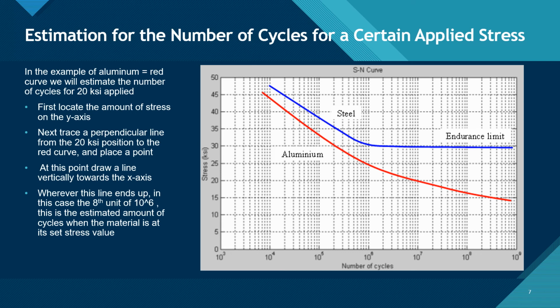Then at this point, draw a line vertically towards the x-axis, and wherever the line ends up is the amount of cycles you have when the material has that much KSI applied to it. In this example, I received 8 times 10 to the power 6 cycles, which is the estimated value that was needed for the applied stress.